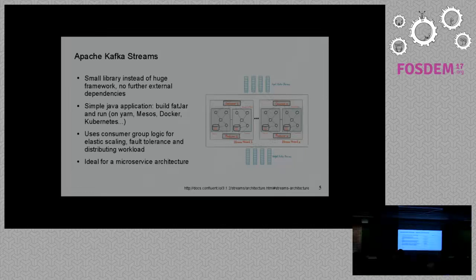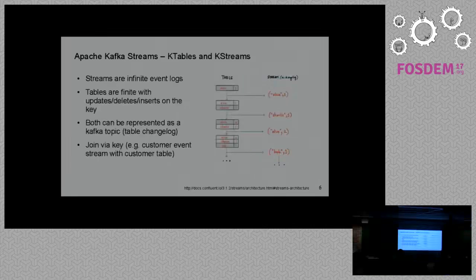It also has the concept of tables and streams that are separate. Streams are basically infinite event logs. You always have messages coming in, and the assumption is that it goes on forever. And tables are finite, with updates, deletes, and inserts on the primary key. Both can be represented as message queues, as Kafka topics, by just taking the changelog of a table.